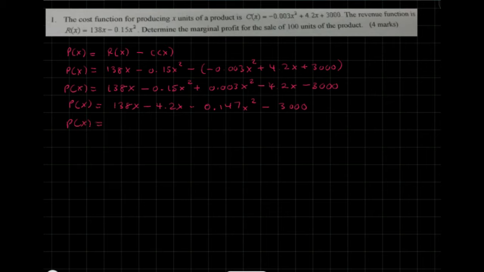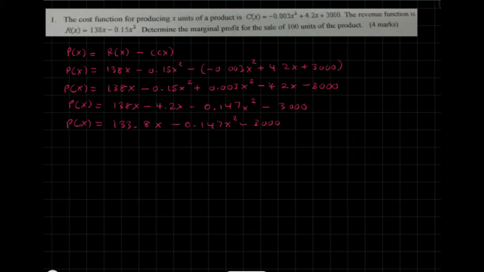Okay, so basically that gives us a function 133.8x minus 0.147x squared minus 3,000.